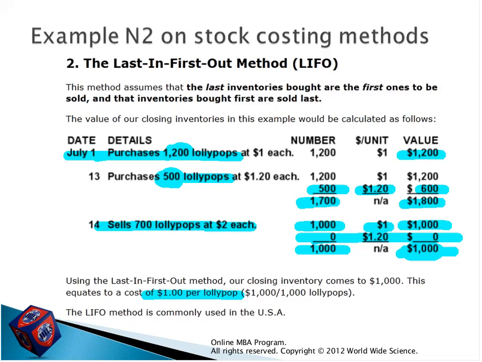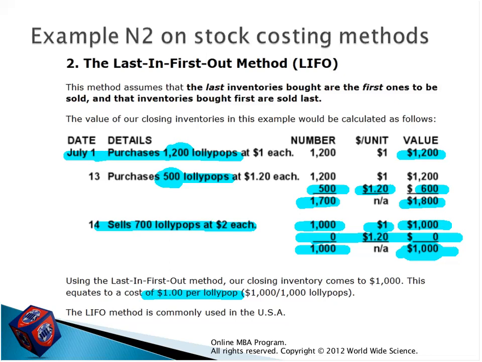First I want to type it for you. If we plan to sell the 700 lollipops, we must deduct from the last purchase, which is the second purchase, right? But in the second purchase, we have only 500 lollipops. It's not enough for sales, right? So we do the deduction, and we get 200 units, which would be deducted from the first purchase.